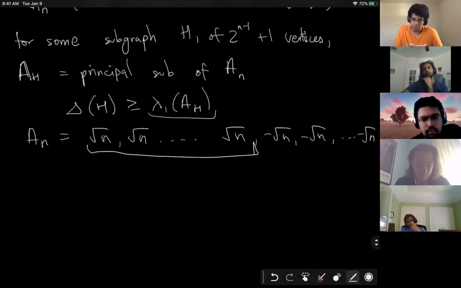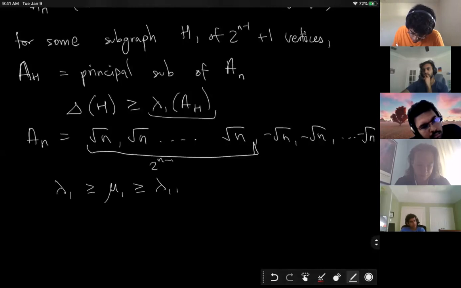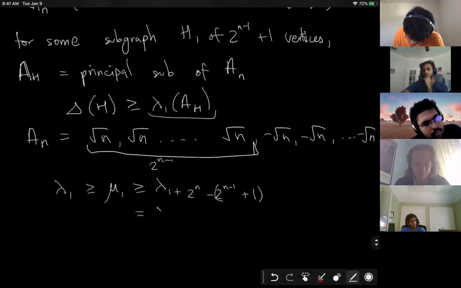All right. So in particular, this has 2 to the n minus 1 vertices. So lambda 1 is greater than or equal to mu 1, which is greater than or equal to lambda 2 to the n minus 1 plus 1, or sorry, lambda 2 to the n minus 1.